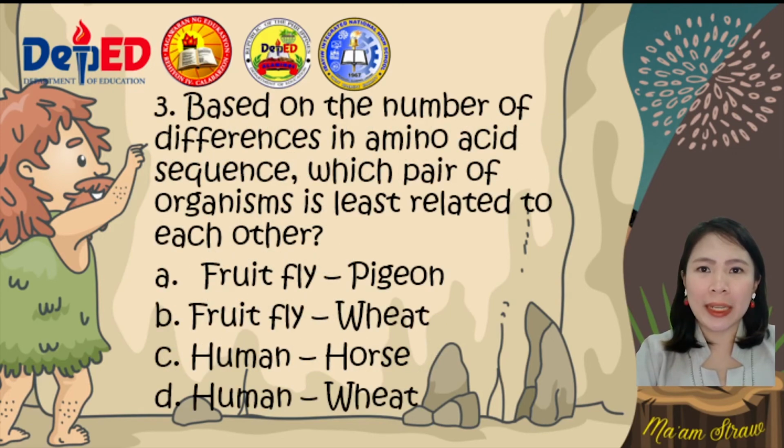Question number 3. Based on the number of differences in amino acid sequence, which pair of organisms is least related to each other? A. Fruit fly and pigeon, B. Fruit fly and wheat, C. Human and horse, D. Human and wheat.